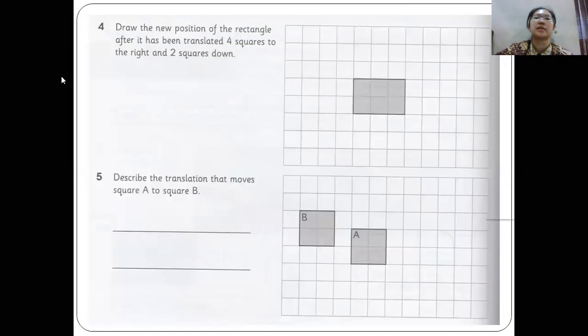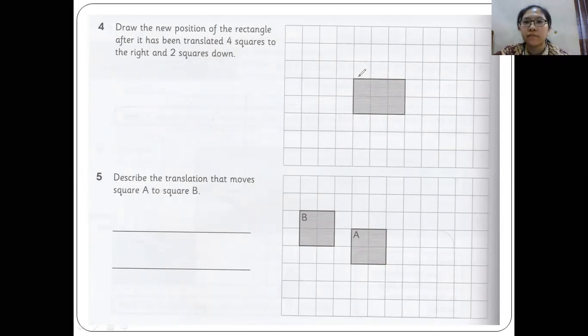All right, next. Okay, draw the new position of the rectangle after it has been translated 4 squares to the right and 2 squares down. So this is the figure. To the right means on this side. Down means going down. Okay, then going left, going up. So the instruction here said draw it 4 squares to the right.